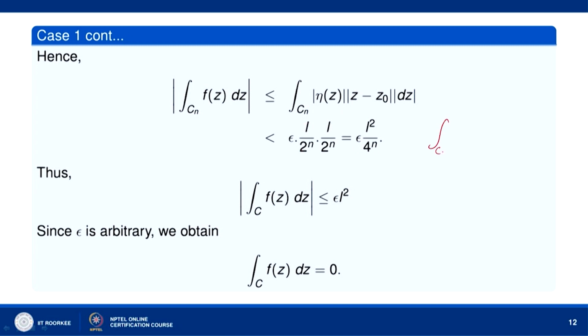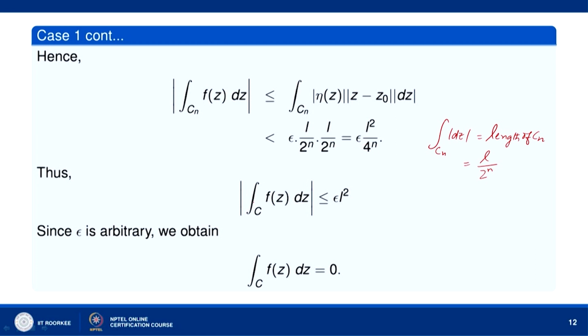Integral over Cn mod of dz is nothing but the length of Cn, which is L by 2 raised to the power n. So, epsilon into L square over 4 to the power n.